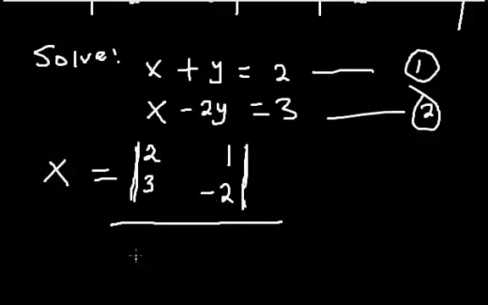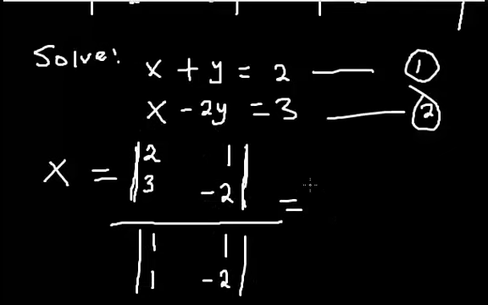Then divided by the determinant of the coefficients of the entire variables in ascending order. The coefficient of x here is 1, coefficient of y is 1, the coefficient of x here is 1, and the coefficient of y is minus 2. Okay, so let's do this. Of course, you know how we do determinants.